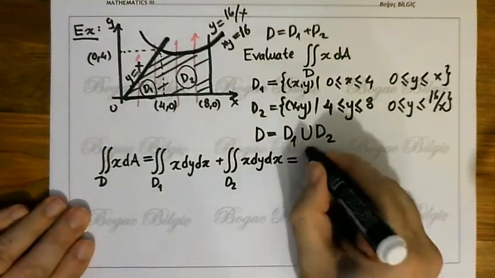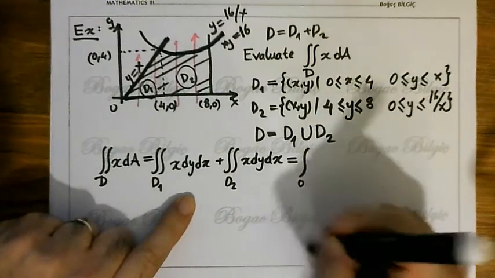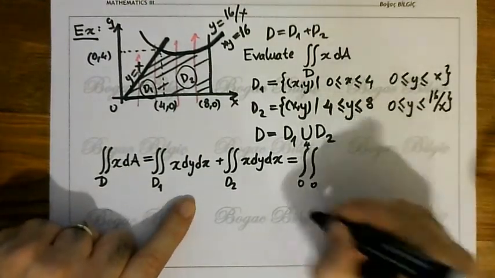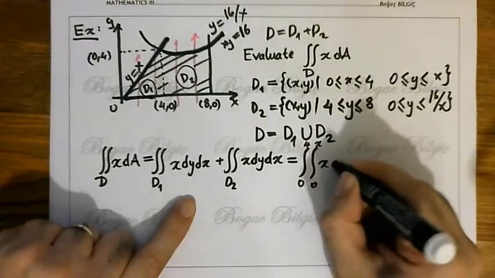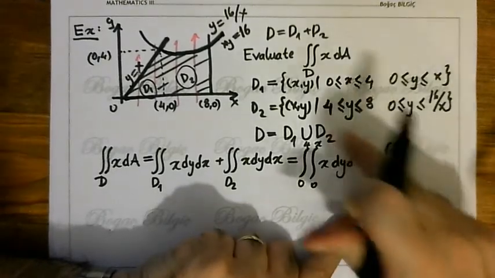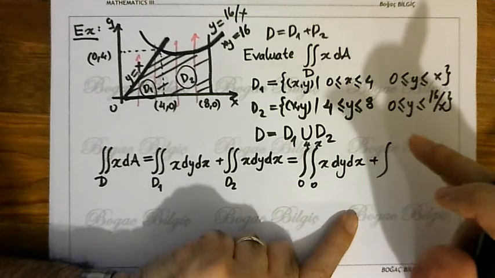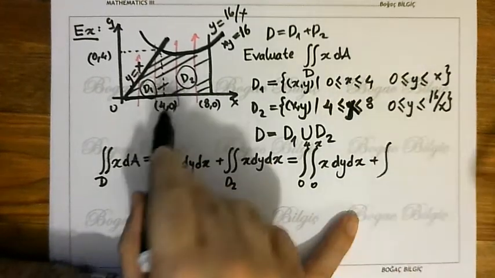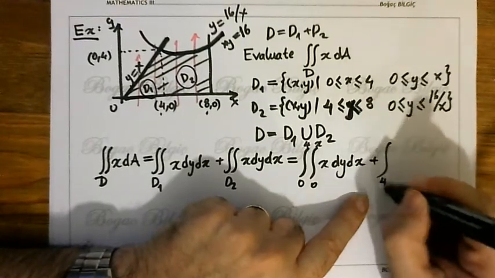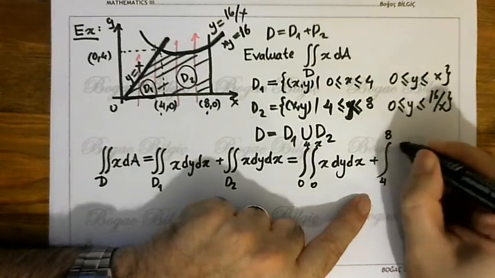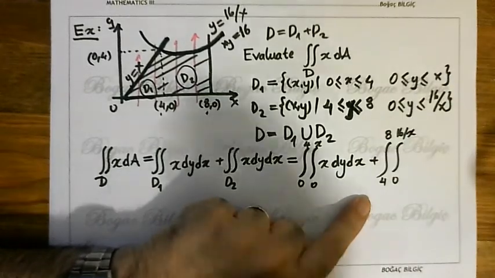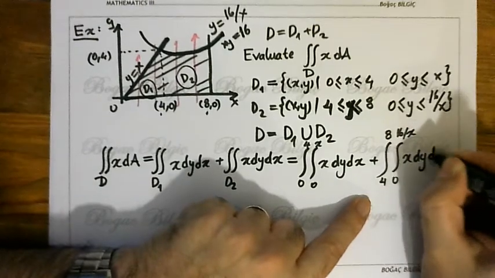Then x is from 0 to 4, y is from 0 to x, x dy dx, plus x from 4 to 8, y from 0 to 16 divided by x, x dy dx.